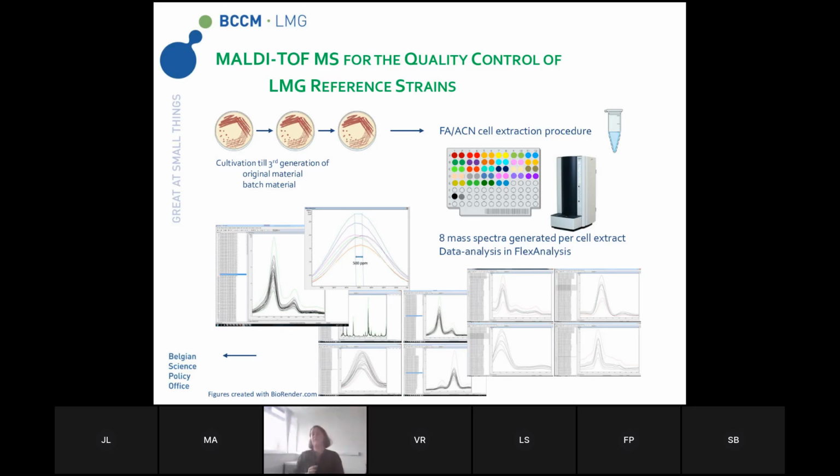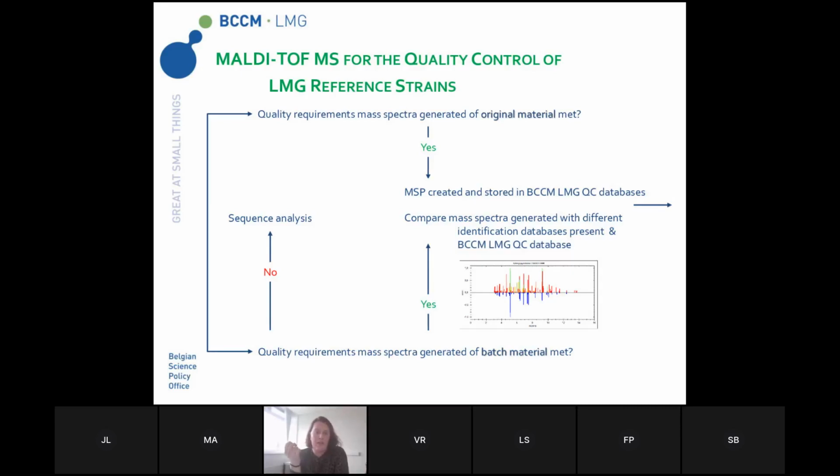We run that target plate 4 times, the same way as we do for identification database construction, and we obtain, in this case, 8 mass spectra per cell extract, so per original material or per batch material. We do the same data analysis as for identification databases, and at the end we should obtain 4 good quality profiles in order to proceed with the quality control.